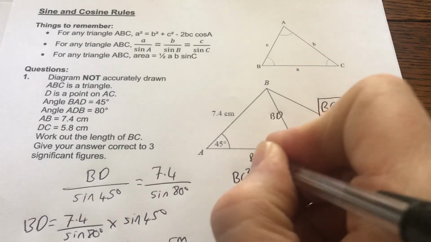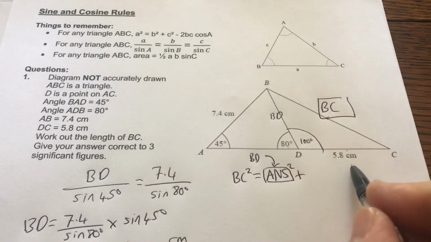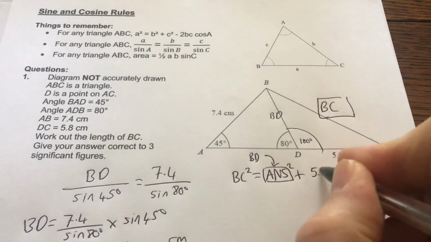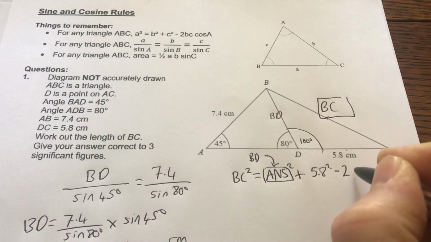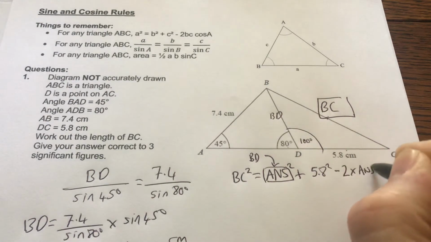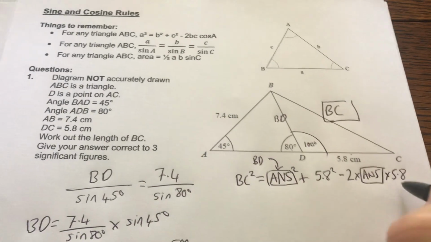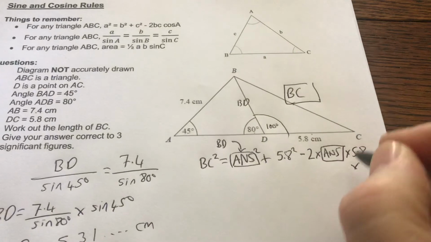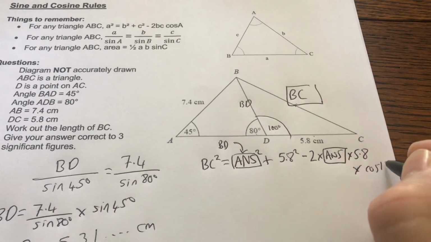So that's BD from the last part of the question, sorry. Plus 5.8 squared minus 2 times your answer times 5.8, cosine 100.